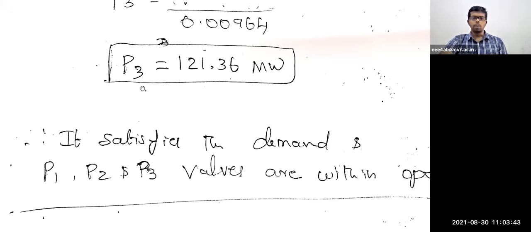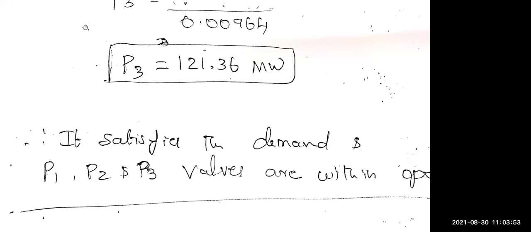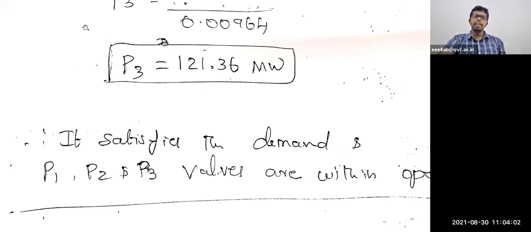That is 850 megawatt. If you calculate P1 plus P2 plus P3, you will get something like 849.91. You will not get a very accurate answer like 850 megawatt.